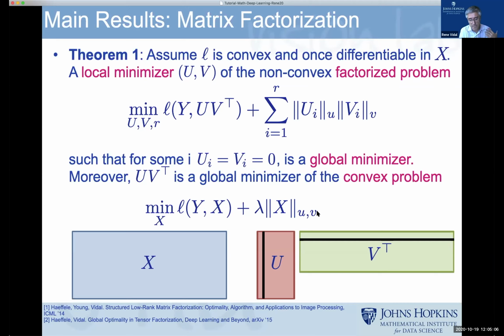This global minimum is, say, of low rank. And as you solve the non-convex problem and you keep increasing the value of R, eventually you hit the rank of that global minimum. And then you stop, because if you keep adding extra columns, then you won't be able to further decrease the objective.